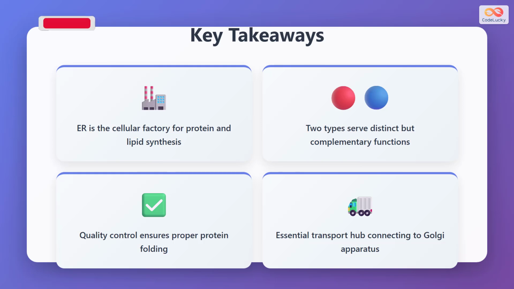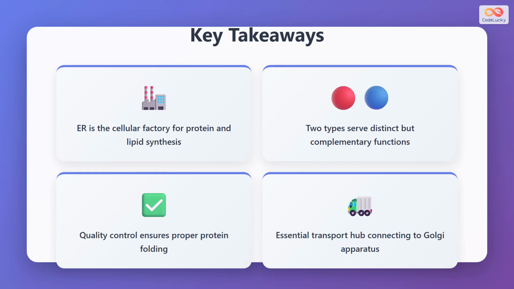Let's review the essential concepts about the endoplasmic reticulum. First, the ER is the cellular factory for protein and lipid synthesis, manufacturing the molecules cells need to function. Second, the two types of ER, rough and smooth, serve distinct but complementary functions, with rough ER handling proteins and smooth ER managing lipids and detoxification.